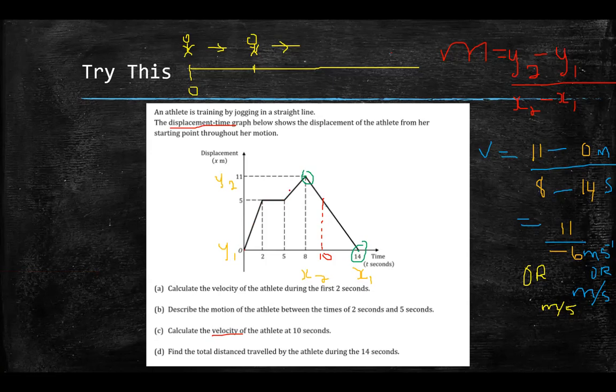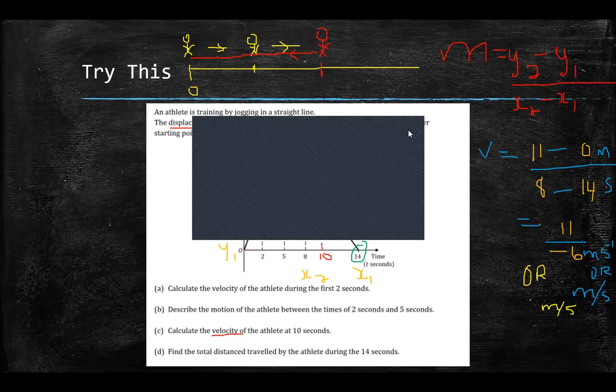Then she continues moving, and then she comes here. But then what happens at this point? She goes back this way, all the way down. She does not take any breaks.